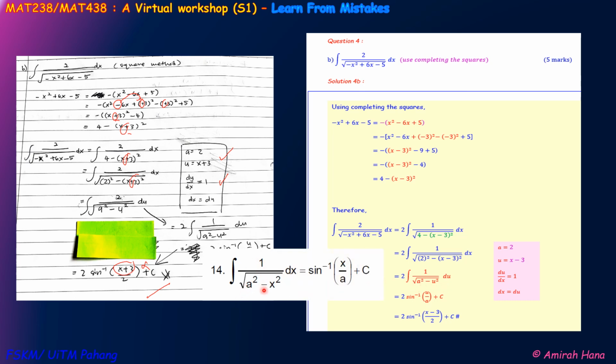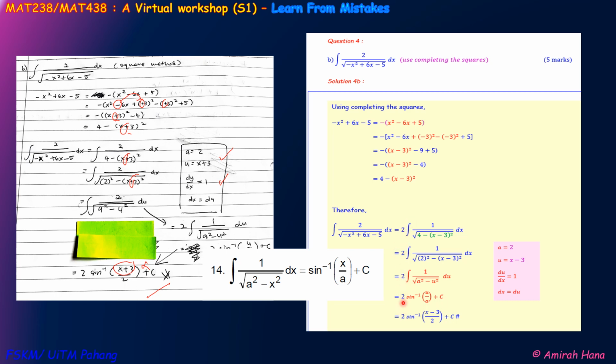Formula yang dalam dia bawah dia minus, ada square root. Okay, a squared minus x squared. Kalau x ni kita anggapkan dia macam u, so dia akan jadi u squared and then du. So akan jadi, after integrate, inverse sin u over a plus C. Tapi still ada 2 kat depan sebab datang daripada yang atas tadi.